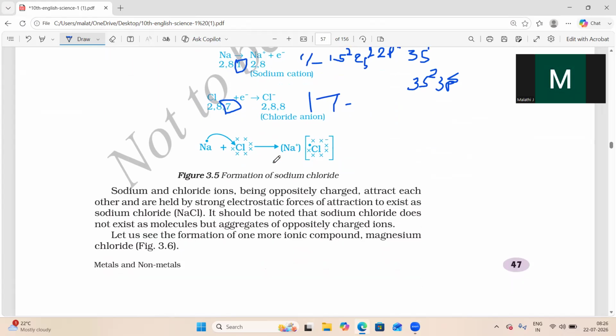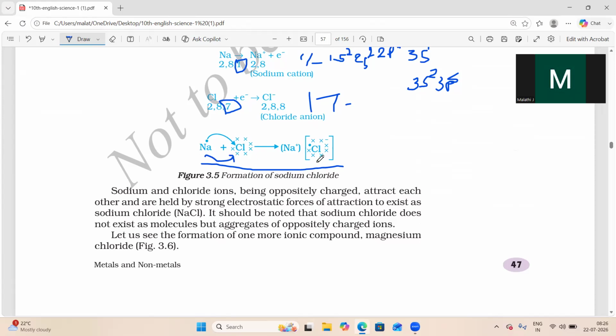Now if you come to write the electron dot structure for sodium chloride, they will ask one question. Sodium has one valency electron, and chlorine has 7 valency electrons. As we studied above, metals always donate electrons and non-metals always gain electrons. So sodium gives one electron, then it becomes stable.